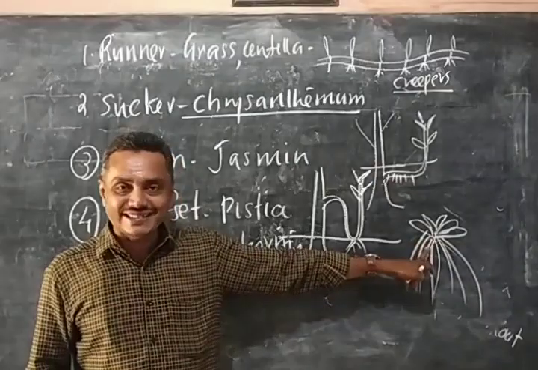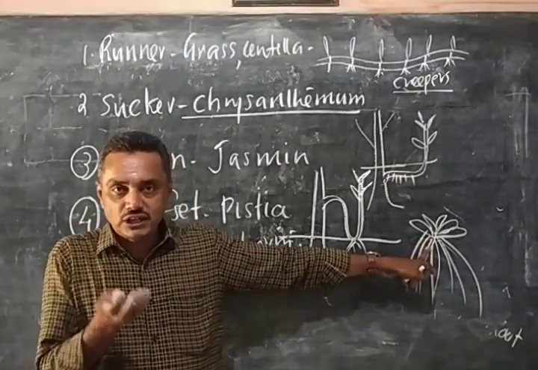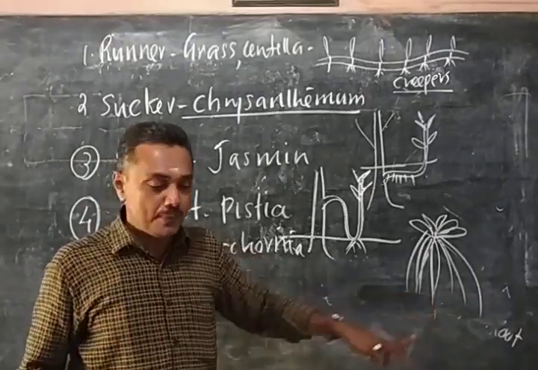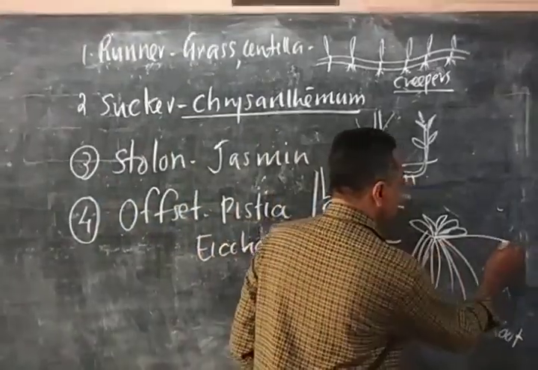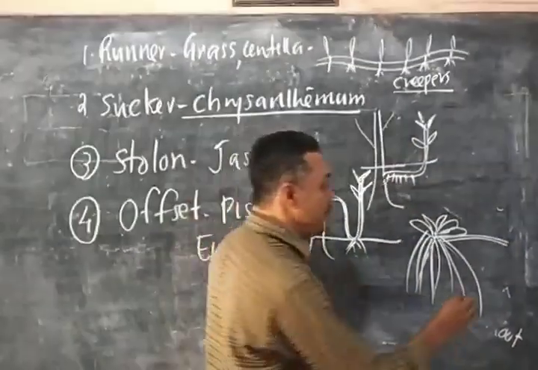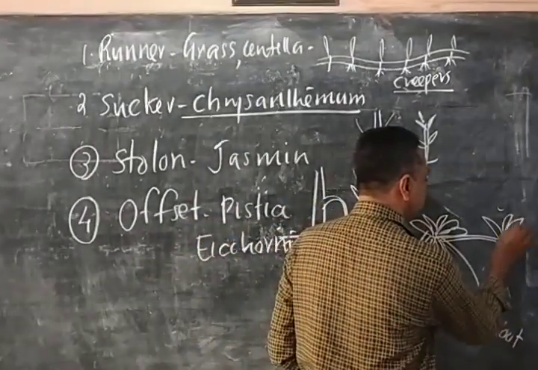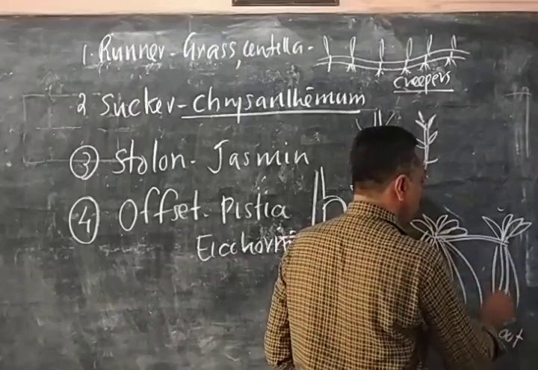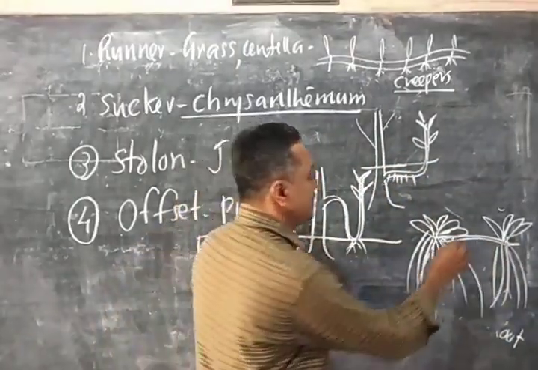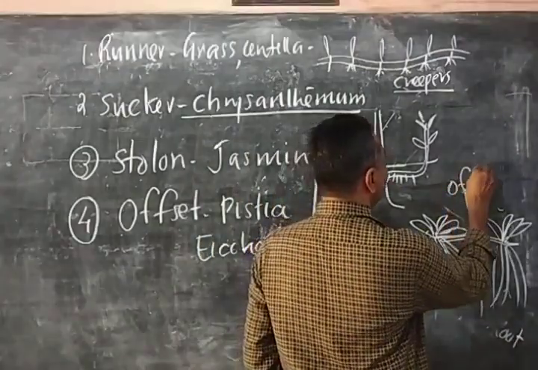You know, a green plant grown at the surface of the water, having roots like that. When it produces a small branch, this produces again a small structure, and again roots. These kinds of structures are called offset.